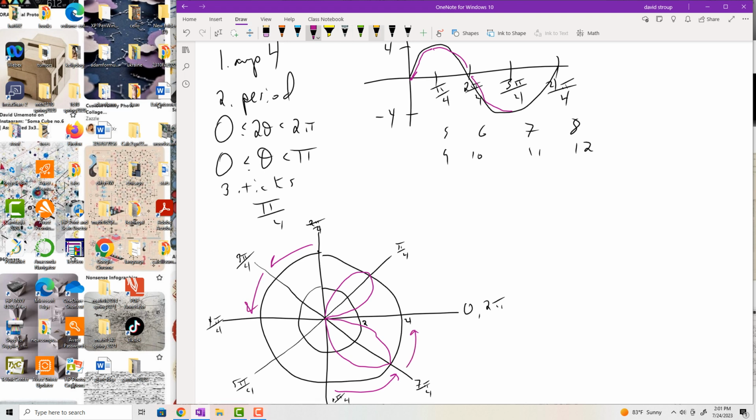Okay, what did I just do on the r theta graph? I went back to 0. Oh, whoops, from 2 pi over 4 to 3 pi over 4, I go down to -4. And then I increase back to 0 in this sector right here, back down on the polar graph.